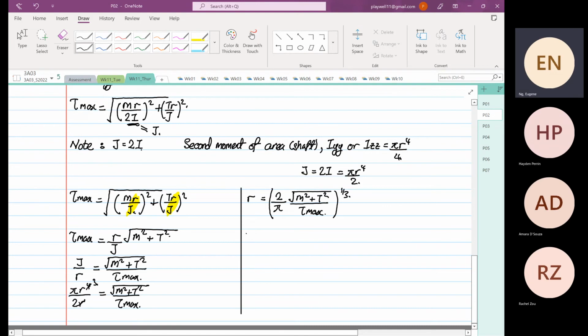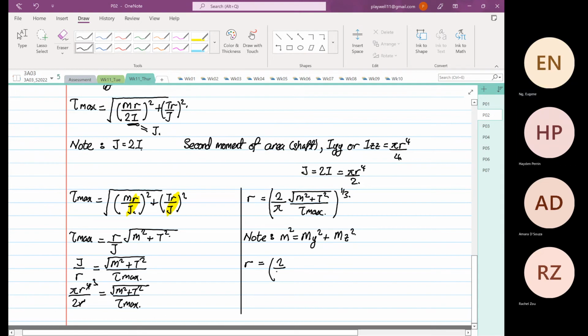And then we have to write note, right? We will write note that M, right? So M is a resulting moment vector, M squared is equal to My squared plus Mz squared. Okay. So the radius down here is equal to 2 over pi. Okay.